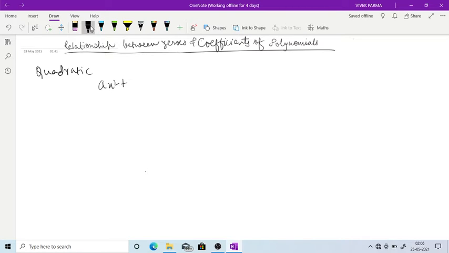ax square plus bx plus c, where a does not equal 0, and the zeros are 2.